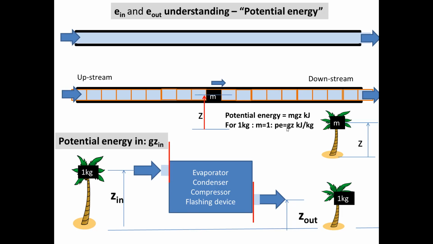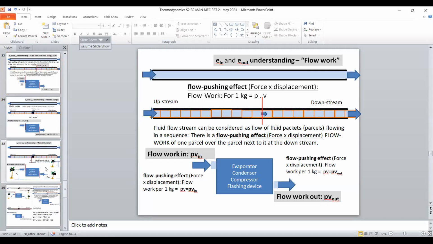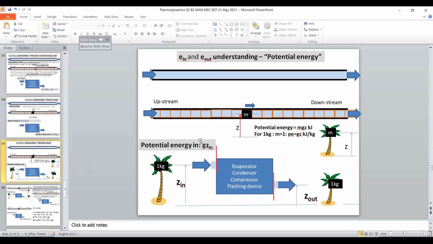When m is 1, this will be g is Z. G is Z out.